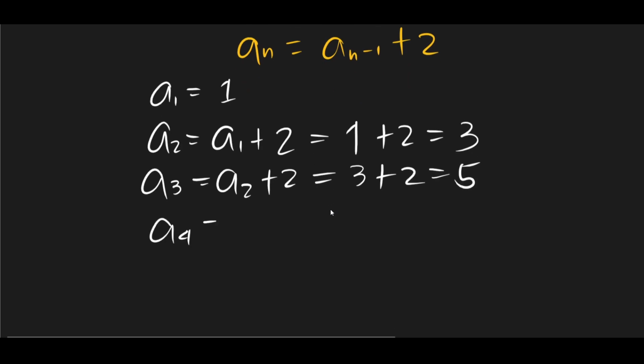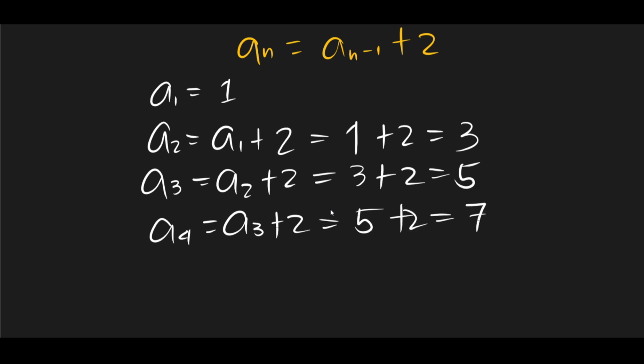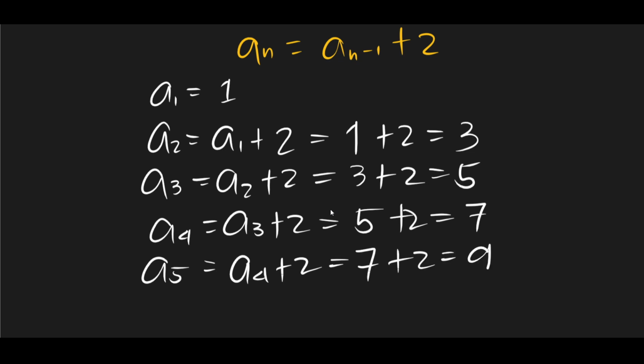Next one, a4, will be a3 plus 2, which is 5 plus 2, equal to 7. Now for our last term in our example, we have a4 plus 2, which is 7 plus 2, equal to 9.